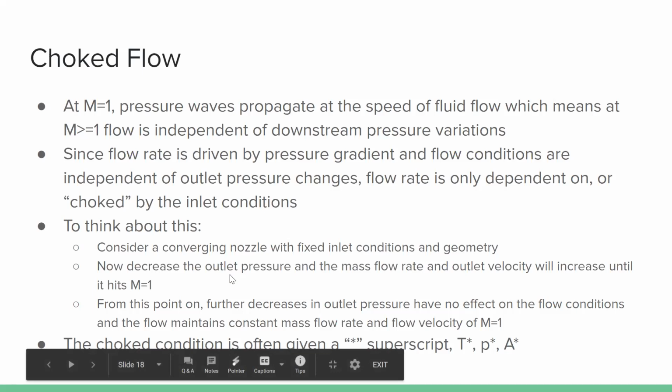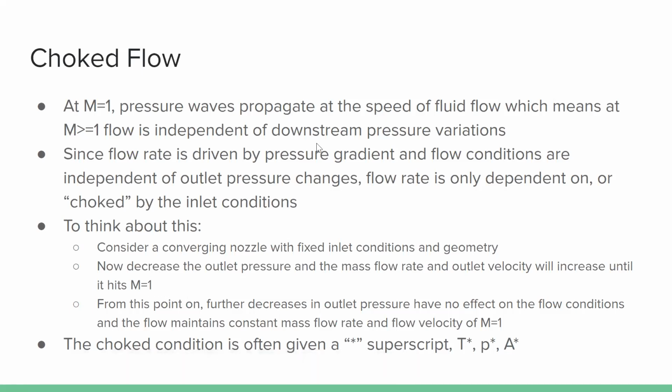Now, once you do that, as we said before, the flow is now traveling at the speed that pressure waves travel through the fluid. We can picture it as changes in pressure flowing through the fluid in the opposite direction.